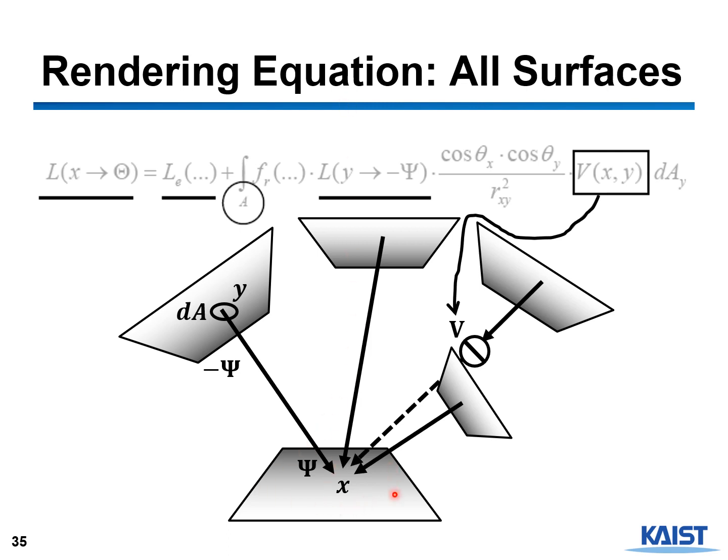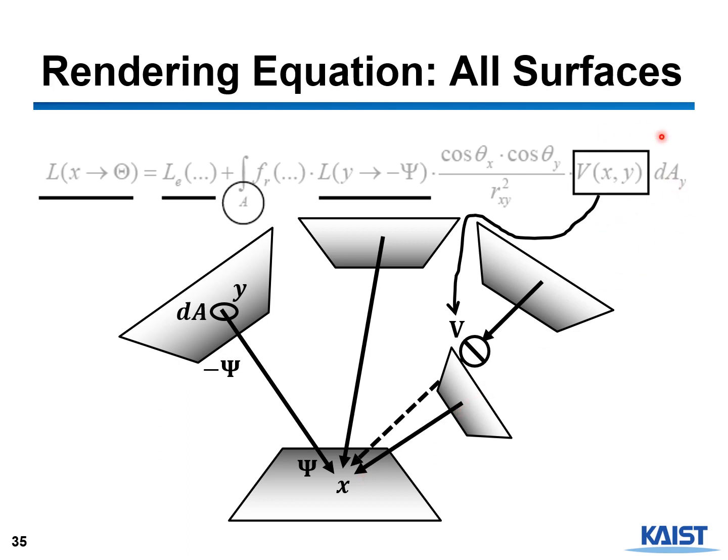I want to compute the radiance value from x in a particular direction. So I consider the self-emitted term plus the integral over all the points on the surfaces. Some points may be visible from here, but some points may not be visible. That's why I introduced this function V, the visibility function. If a point is invisible, the visibility function turns out to be 0. If it is visible from here, the visibility function is 1.